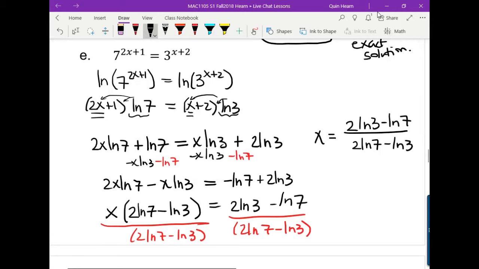Now, this is the exact solution, but if you want a decimal approximation, you're going to have to plug this into a calculator. And when you do that, remember that this fraction bar is acting as a grouping symbol, so there are implied parentheses here. So you have to watch out for your order of operations.